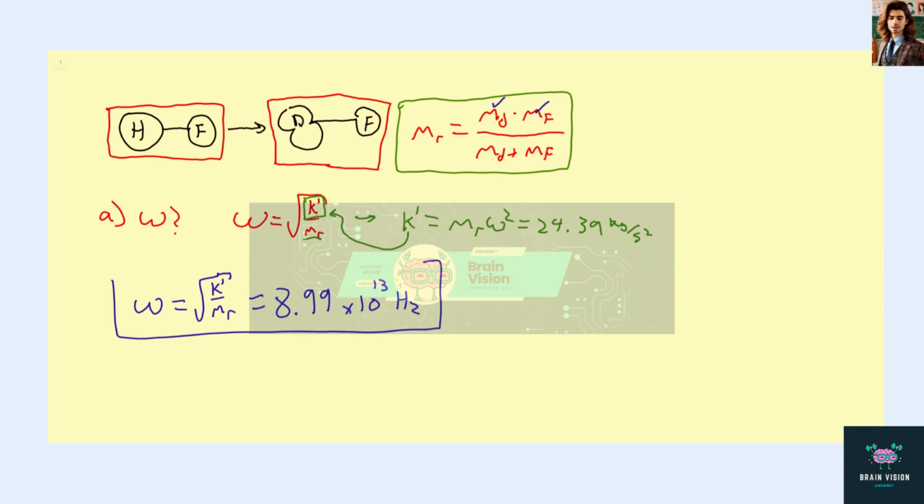All right, that's great. So that is part A solved, actually. So put a little check next there. But part B wants us to look at the wavelength of light that corresponds to the energy difference in vibrational states.